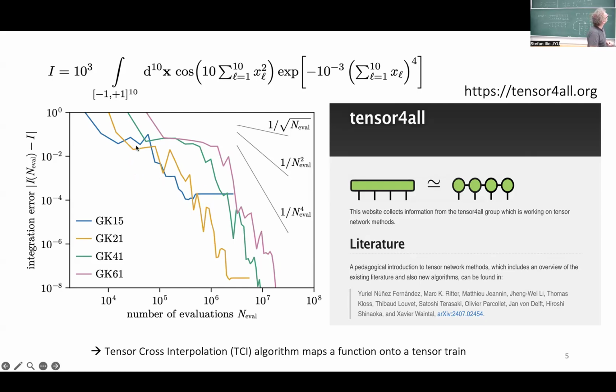And you see it goes down to 8 digits. Convergence is something like 1 over the number of evaluations to the power 4, which is pretty good. Remember that Monte Carlo is 1 over square root of n. So with Monte Carlo, if you add a factor 100, you get 1 digit. Here if you add a factor 100, you get 8 more digits.